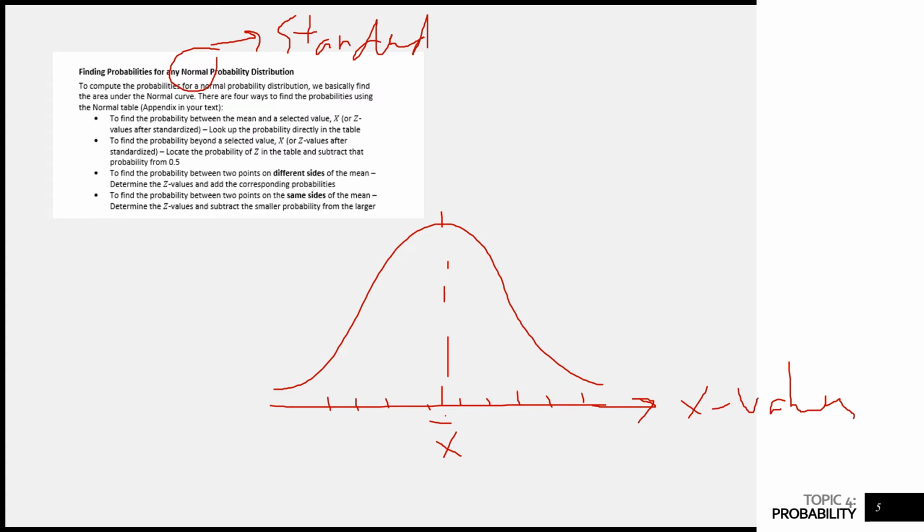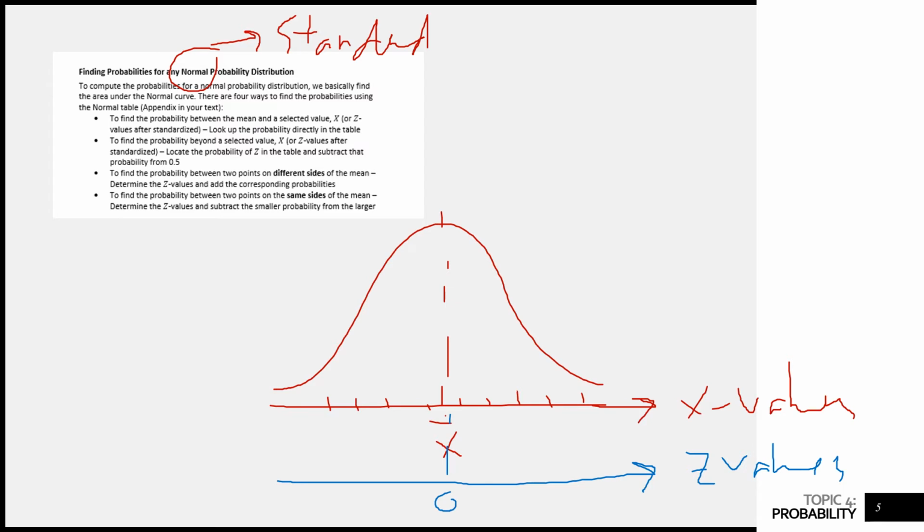Whenever we convert any of these x values, it will become z. Imagine there's a parallel line down here, the same distance as your x, but we call it the z values. Whenever we standardize the mean, you will get 0. It's always like that.